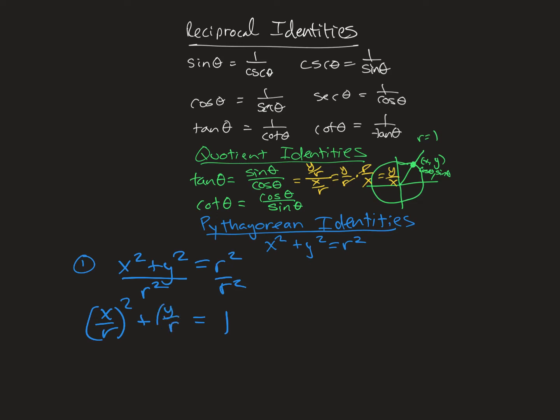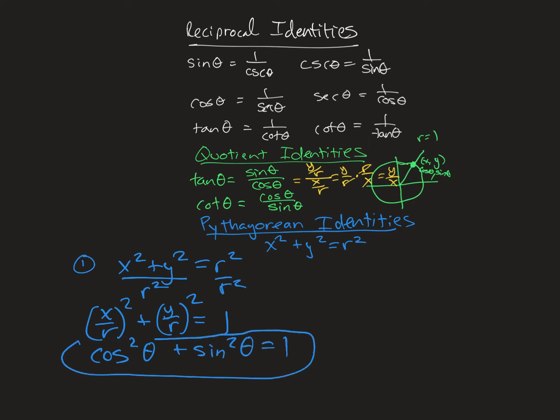Well, now let's plug in what these are definitions of in terms of the trig functions. X over r is cosine, so I'm going to say cosine squared theta. Y over r is sine, plus sine squared theta equals 1. That will be Pythagorean identity number 1.